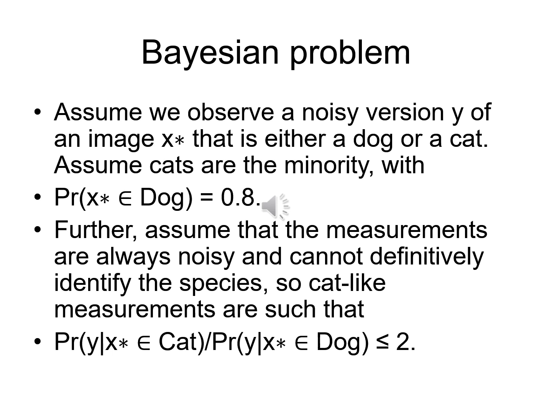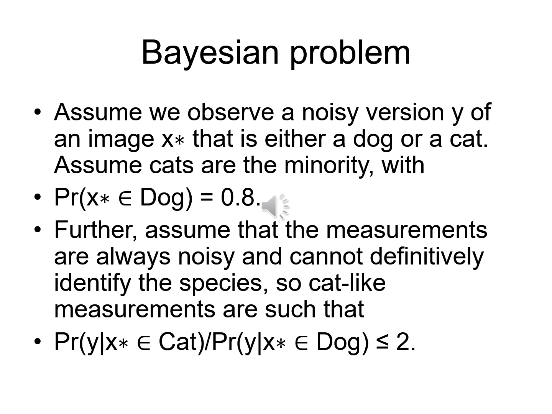Further assume that the measurements that we are making are noisy and cannot definitely identify the species. So cat-like measurements are such that the probability of Y given the X star is a cat divided by the probability of Y given the X star being a dog is less than or equal to 2.